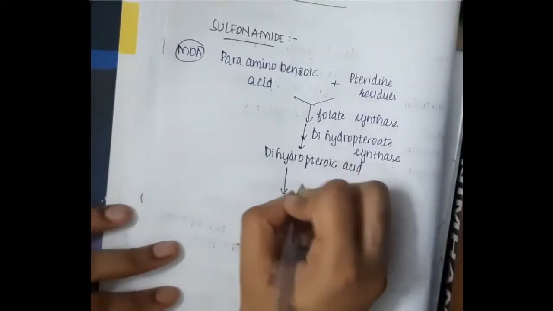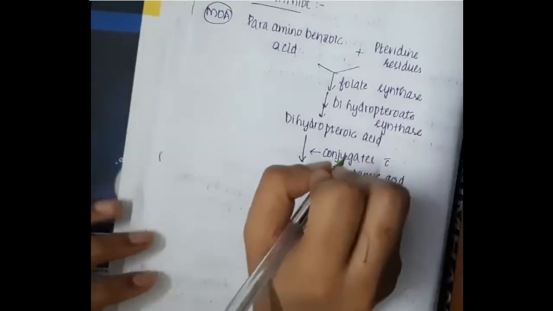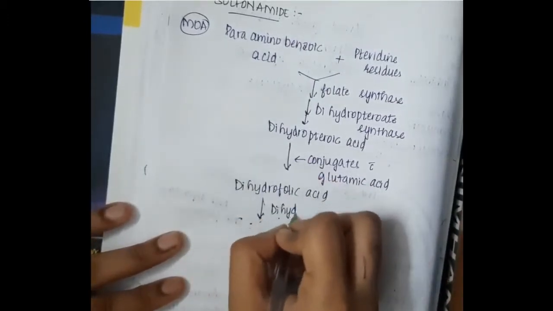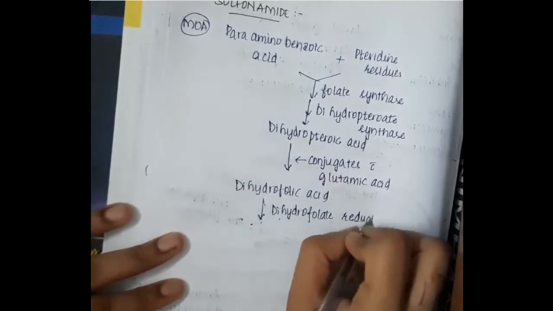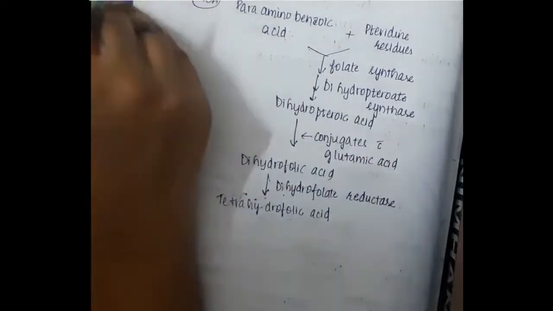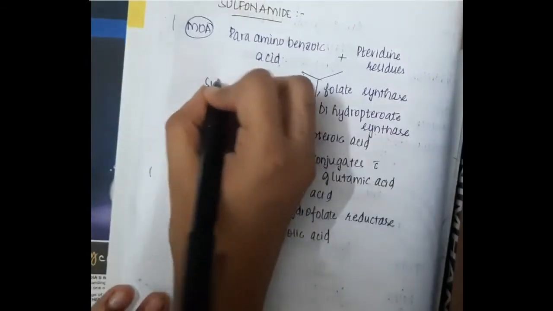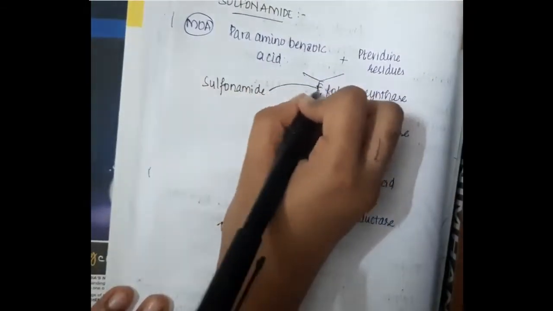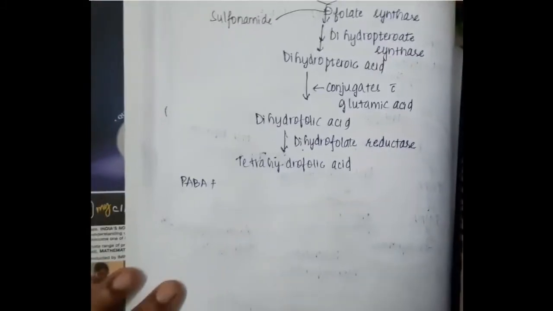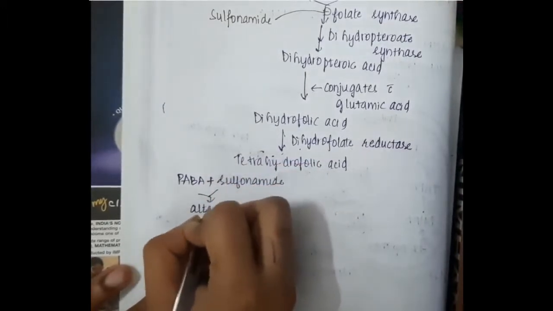This dihydropteroic acid will conjugate with glutamic acid to form dihydrofolic acid. This dihydrofolic acid, in the presence of dihydrofolate reductase, forms tetrahydrofolic acid. Now the drug sulphonamide will inhibit this folate synthase. So the para-aminobenzoic acid will combine with the sulphonamide and form altered folate.